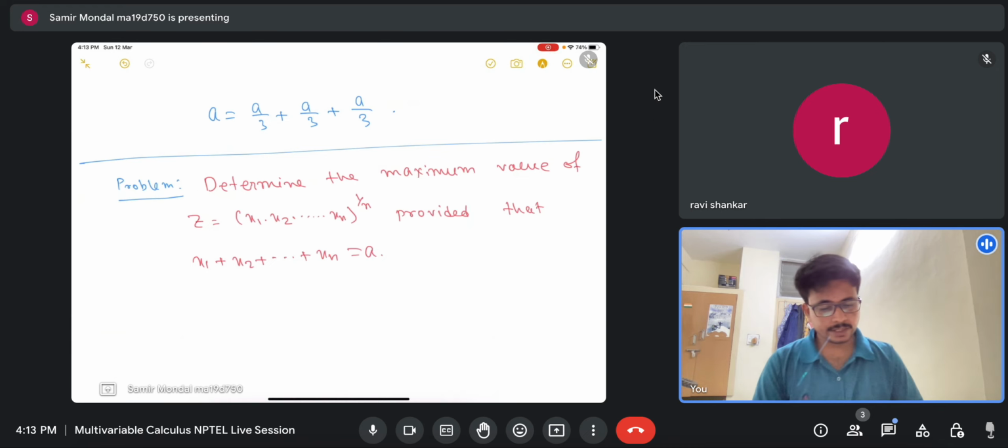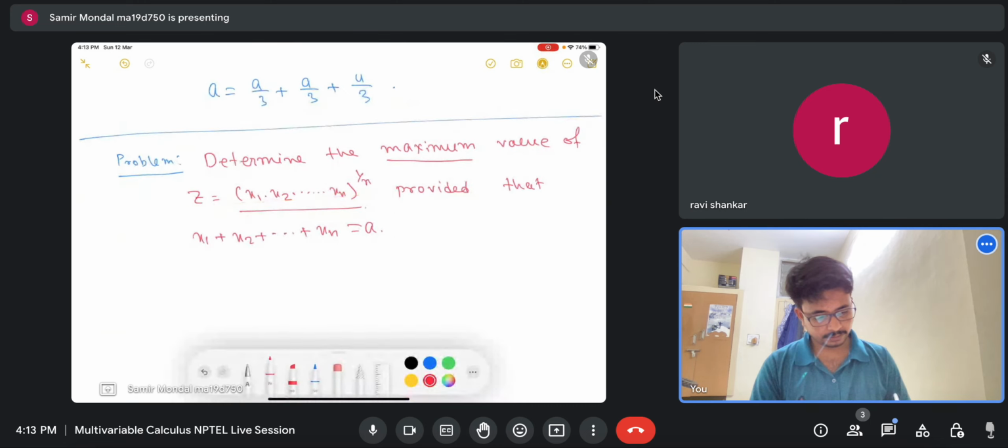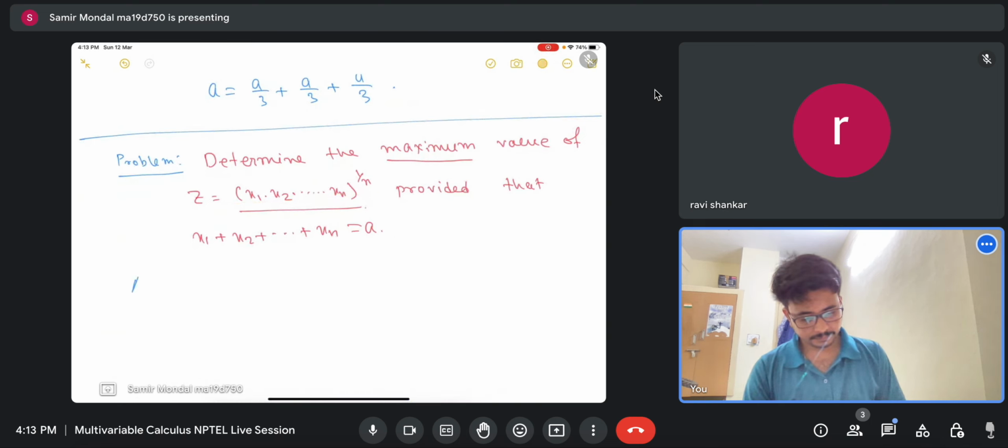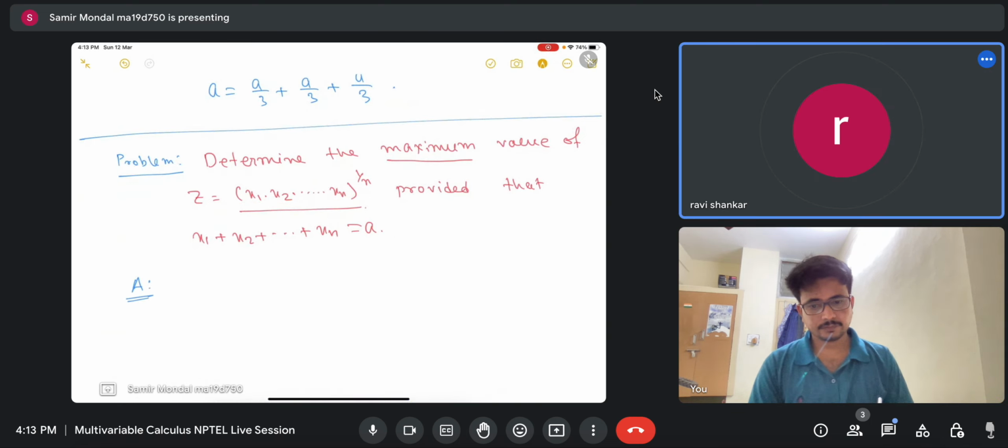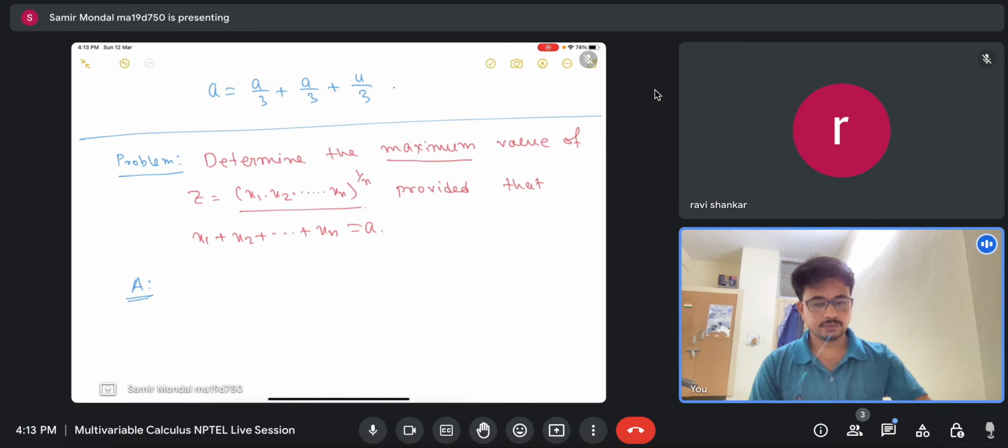So you have to find the maximum value of this one. This is your question. Got it or not? Yes, sir. So please tell me what will be your procedure for this one.